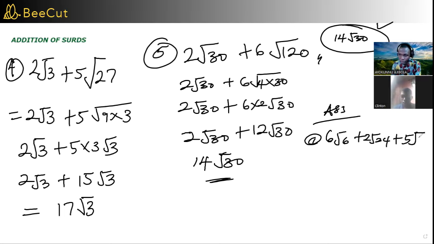This is 24. Let me clean that and write. So 6 root 6 plus 2 root 24 plus 5 root 36. That's 1.